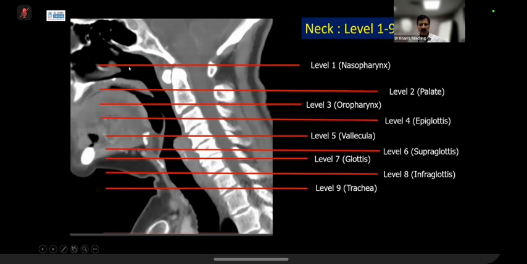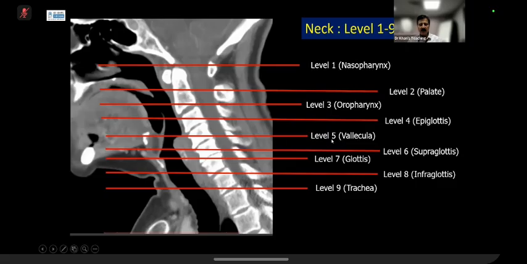So these are the levels which I call levels. Level 1 is nasopharynx. We are passing through the nasopharynx. Level 2 is the palate, and it all depends on your patient. It might be a bit drooping here, and you might get slightly different than what you learn here. Then what I call the oropharyngeal level, where we are passing through the tongue. Then the level of epiglottis, where posteriorly the epiglottis will be visible.